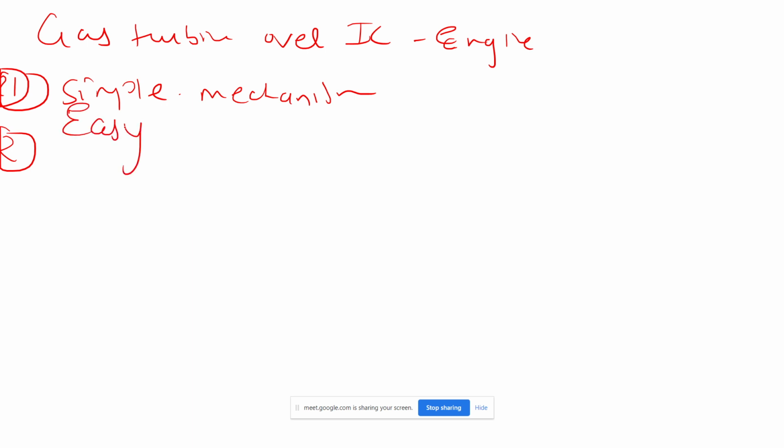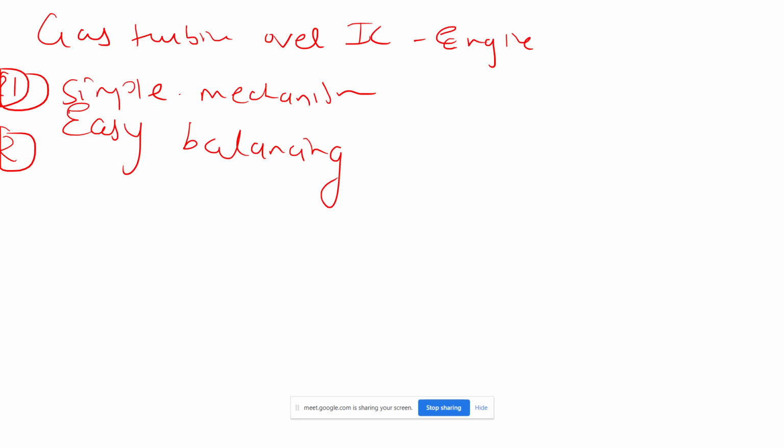Both compression and expansion take place at different locations, so we can easily quantify what forces are acting on the compression side and what forces are acting on the turbine side, and balance them. Whereas in an IC engine, we cannot easily quantify the forces, and thus balancing becomes a relatively difficult task.